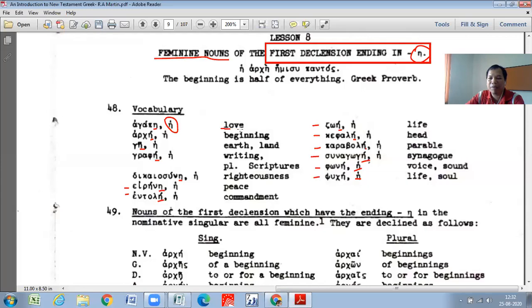Agape is love. And in Greek, there are 4 loves. I just call it F4F, just for the sake of remembering. The first F is Father.